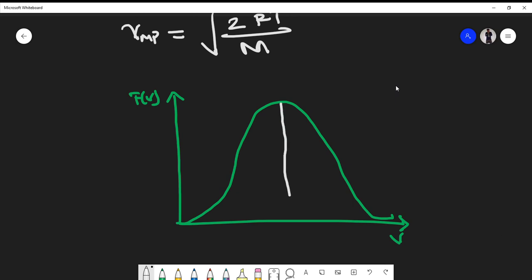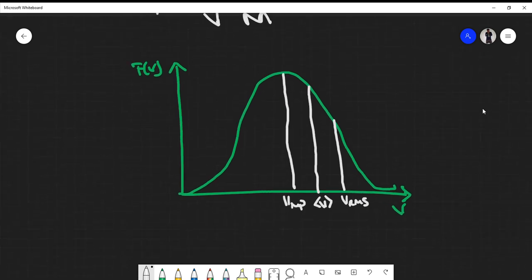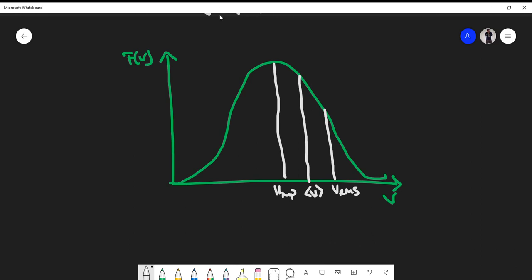Just in the middle, this would be our most probable speed. The average speed would be just above that, and this would be v average. And then the root mean square speed would be just above that, Vrms. So this is how the three speeds are on a graph.